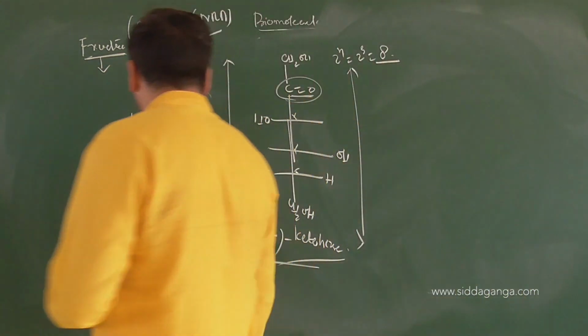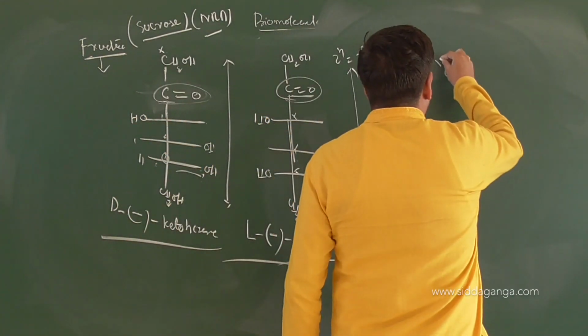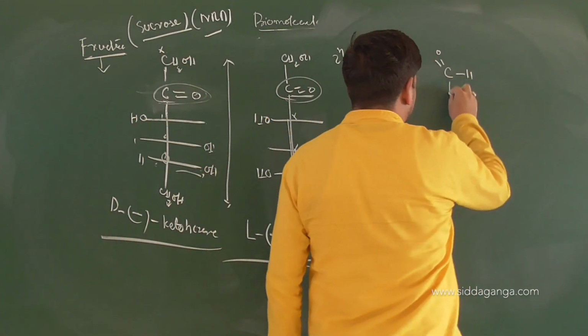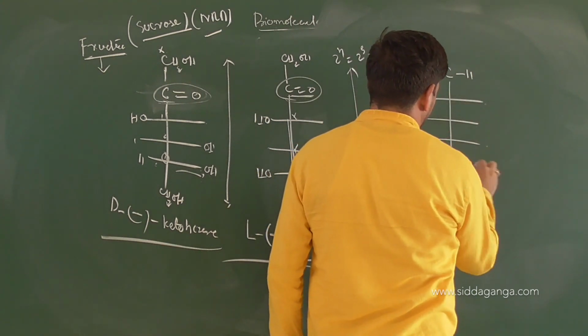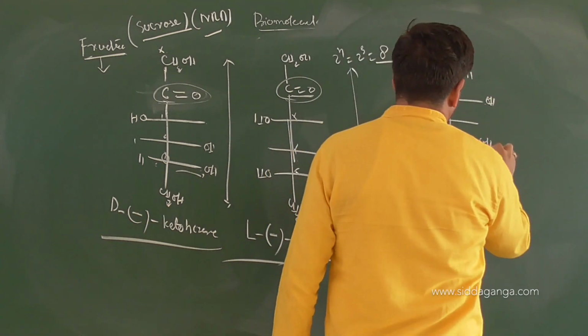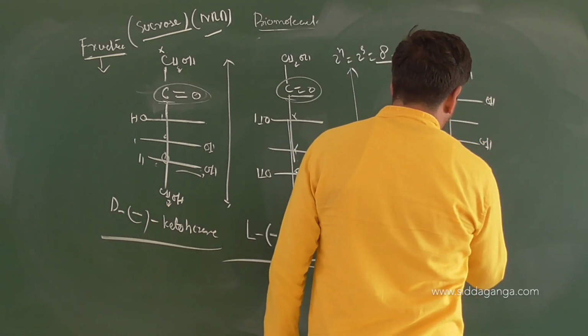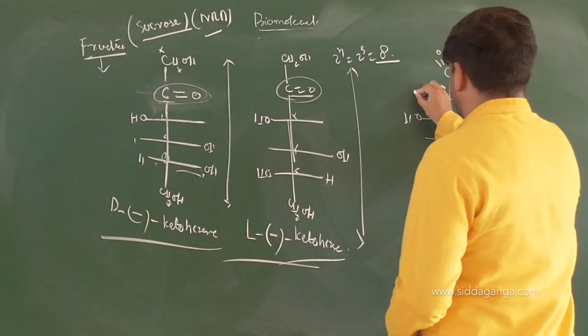Suppose it is fructose or glucose: C double bond O, there is H. I'll directly draw the projections now. And you have CH2OH here. Direct projections I have done. Hydrogens I am not mentioning here.